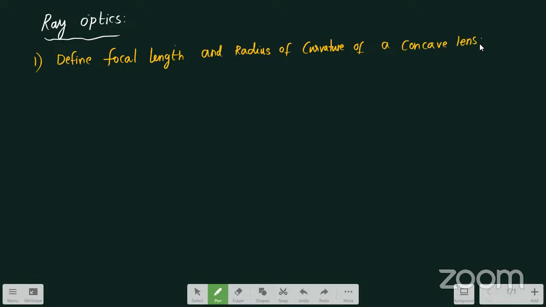So he is asking you to define what is focal length and radius of curvature of a concave lens.